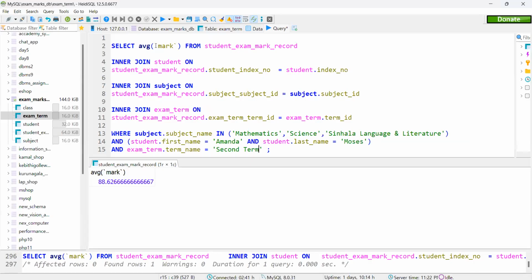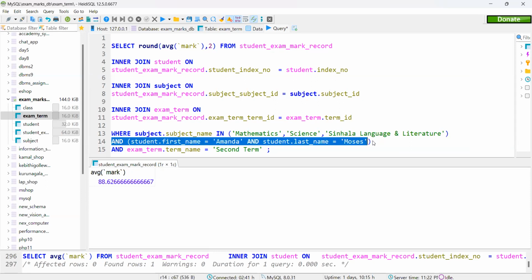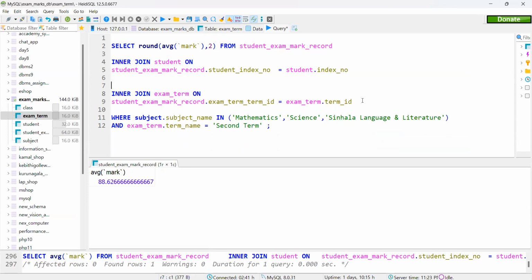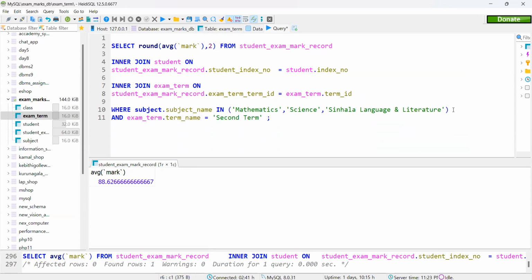Average mark we got. We have to add the round function and two decimal places.